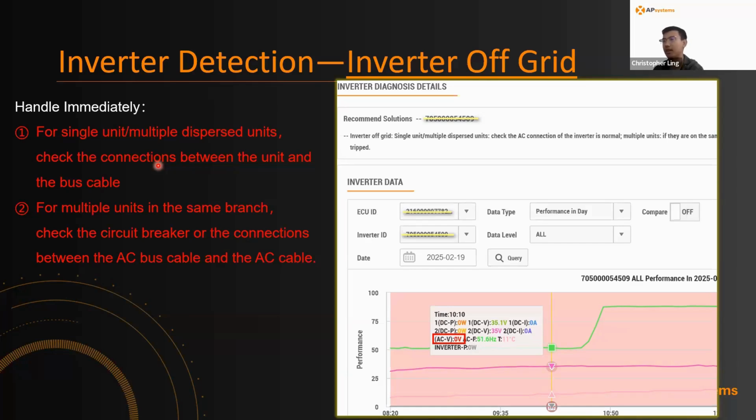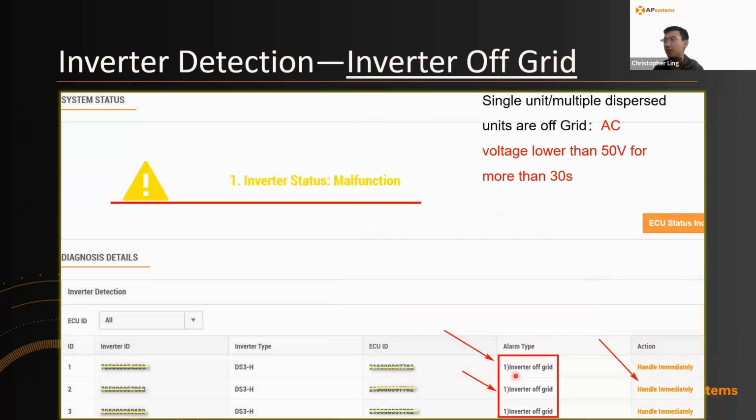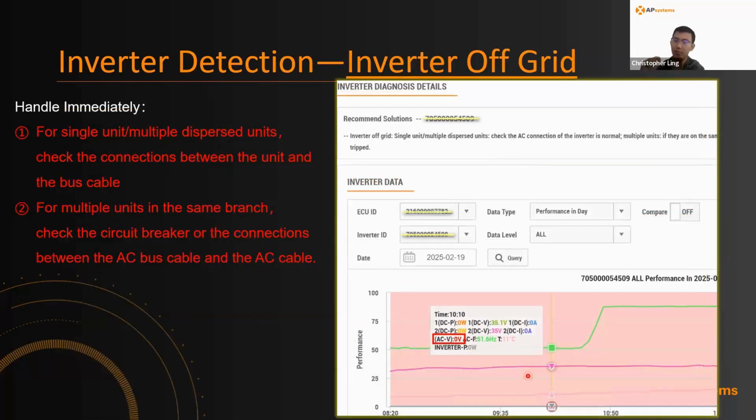It is also possible that if you see many microinverters that are not producing power and also have this inverter off-grid alert, chances are that they're on the same branch and perhaps there's a branch level issue. Some things you can check are whether the bus cable itself is connected to the box, whether there's a breaker that is open, or a disconnect that is open. Those are some things you can check if it's a branch level issue.